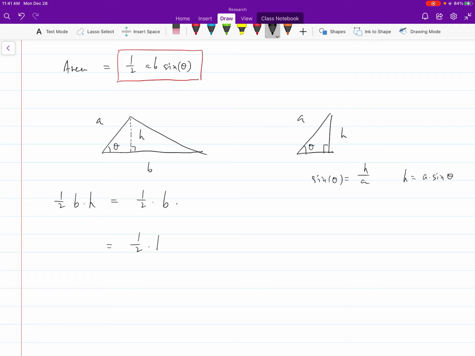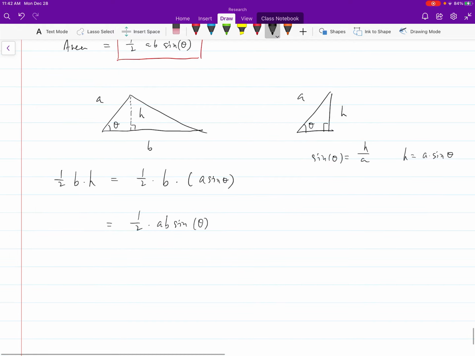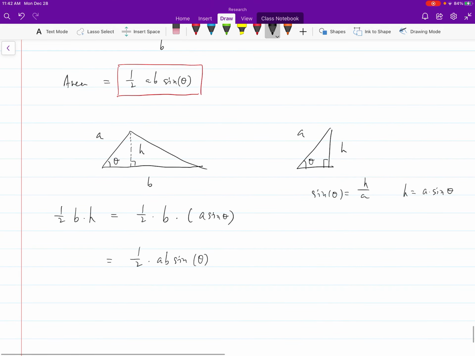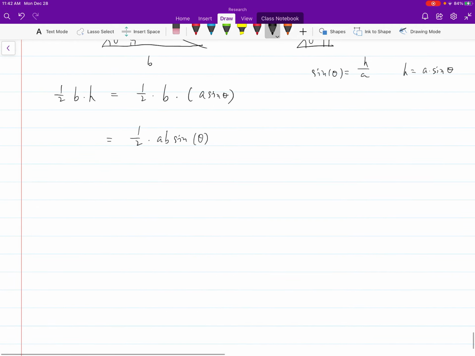Now if I plug this one back in, h, and replace h by this, you have the formula we had before. So you can either memorize this or you can just go through this process. Skip the hassle of memorizing, but just do a right triangle every single time. It's your call.